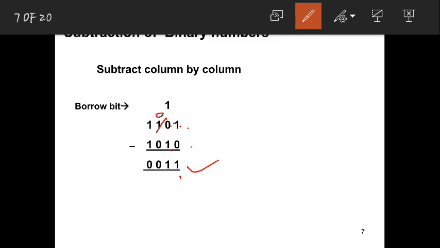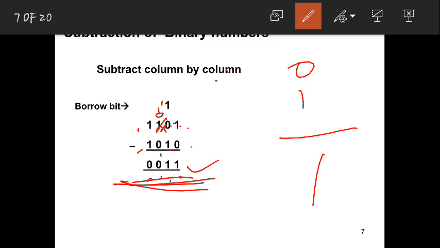So this will become 10 minus 1, you get 1. Is that fine? Whenever you borrow for 0 minus 1, the result will always be 1, because you will borrow from the next digit, or else from a borrow flag. So after this, here you have 0 now. This one we just borrowed. So you have 0 here. 0 minus 0, you get 0. Next, 1 minus 1, you got 0. Okay, so in this way we do subtraction.